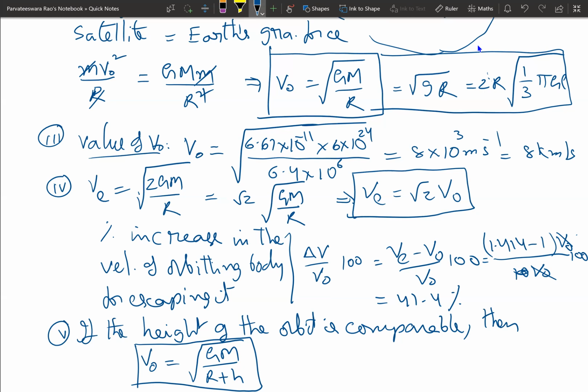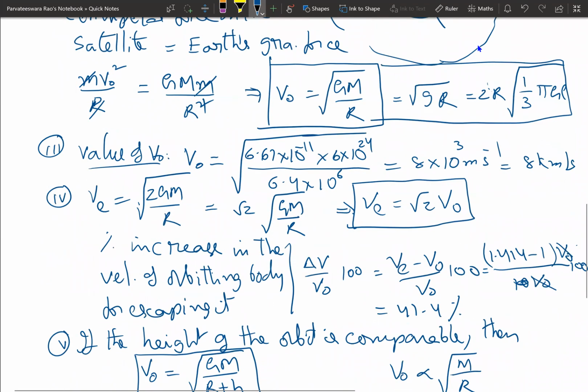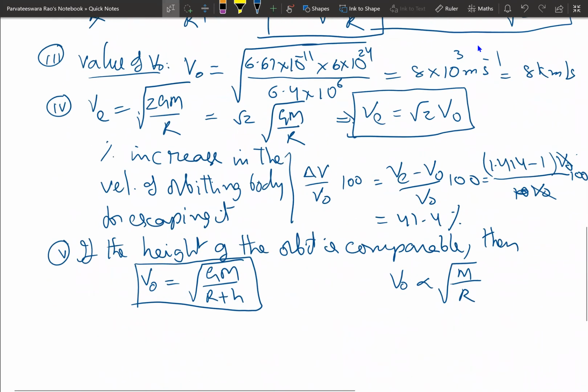V naught depends directly on the mass of the Earth and inversely on radius, but not on the mass of the orbiting body. That's why you can dump any amount of payload into space. Hence, no limitations for the payload to be sent into space, because the orbital velocity is independent of the mass of the body to be projected.